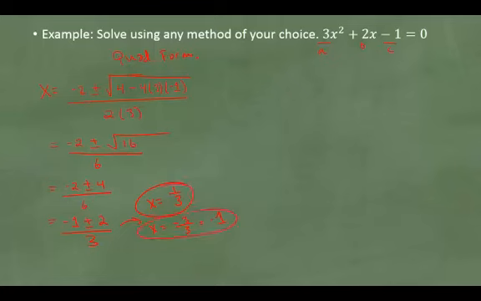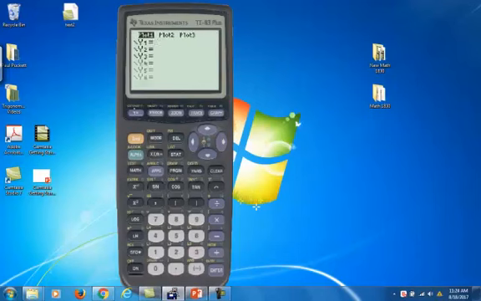Okay, and now let's use some technology to solve this also. Go to the y equals option up here in the top left, and we're going to type in our equation: 3x squared plus 2x minus 1, and we're going to hit graph.